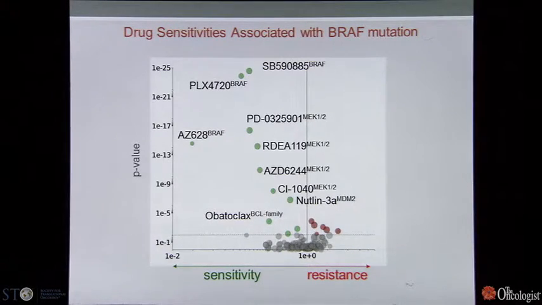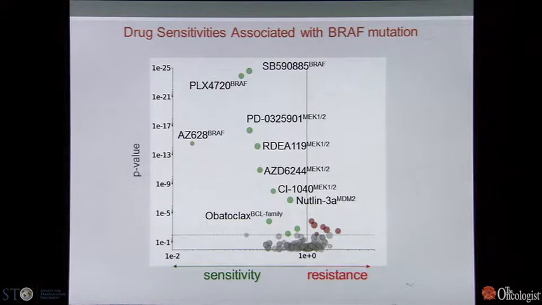So in this case, for example, you see that BRAF mutation is associated, as you might expect, with sensitization to RAF and MEK inhibitors. But lots of other inhibitors that we've screened are neutral in terms of BRAF mutation. So clearly, you can do this in high-throughput. You can have melanoma cells in there. You can have lots of different cells.